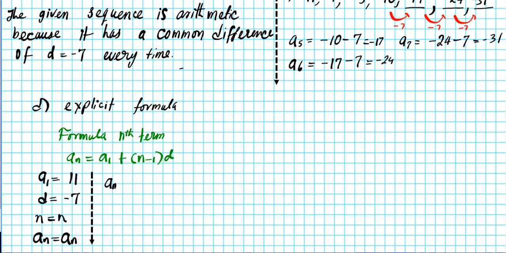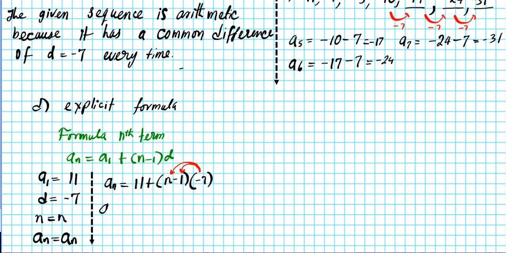So we have an is equal to a1, which is 11, plus n, just stays as n, minus 1 times the common difference of negative 7. Okay, we'll just simplify the right side as much as possible, and that will be our explicit formula. We have a parenthesis here, which means we are to distribute, so we'll distribute this negative 7 to the 2 terms in the parentheses.